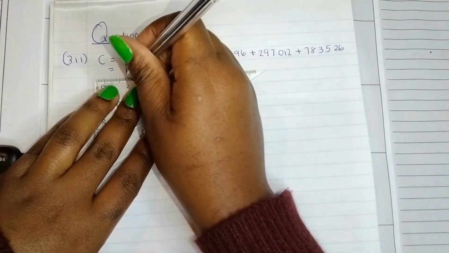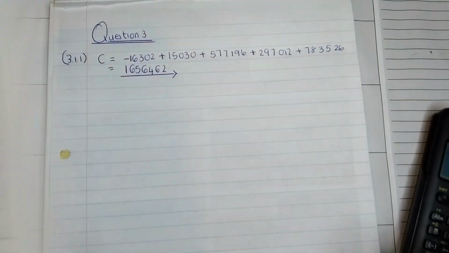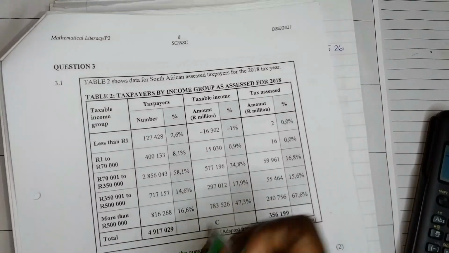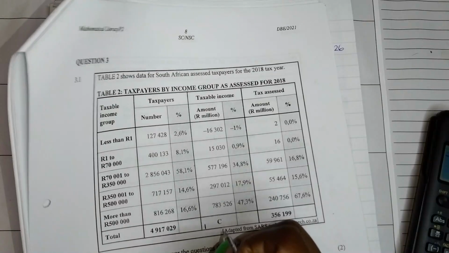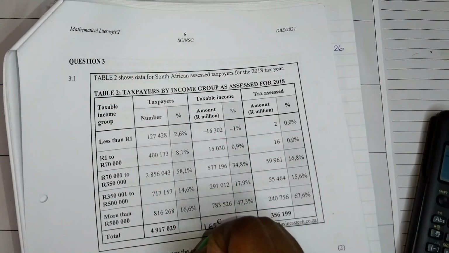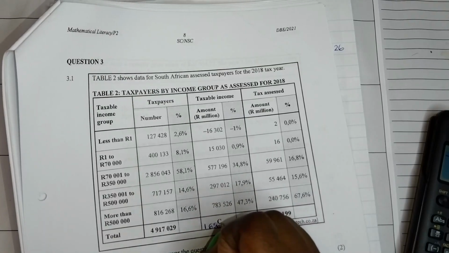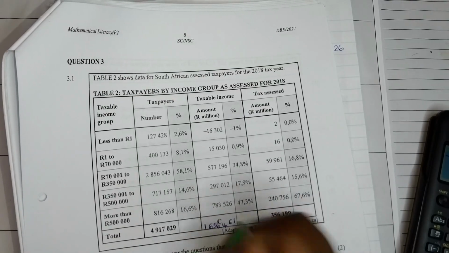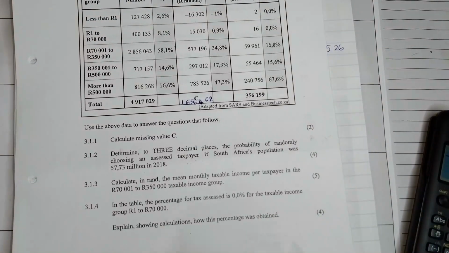So that is our missing value C, okay? I'm just going to go and fill it in there as well. 1656462. All right, cool. Let's move on.